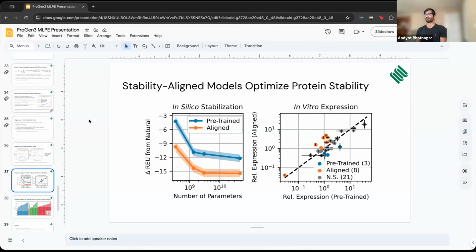I guess from our perspective, the cost bottleneck is not really generation, it's the experiments. And the relative added cost of generation and scoring from these larger models, at this scale at least, is not enough to override the actual experimental costs.